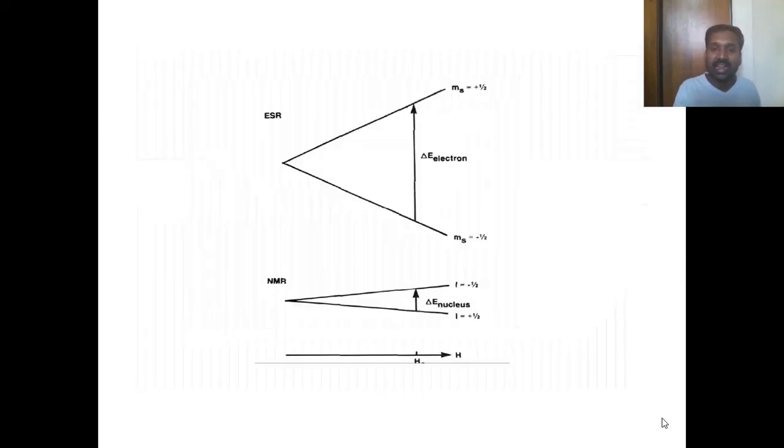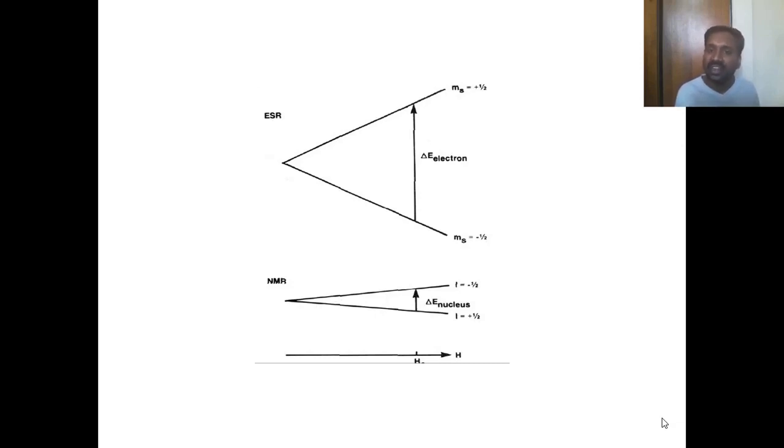If we consider such systems, we will see that the single line in the ESR spectrum for a free electron, which is always at a fixed B_z value or fixed frequency, splits into many lines.